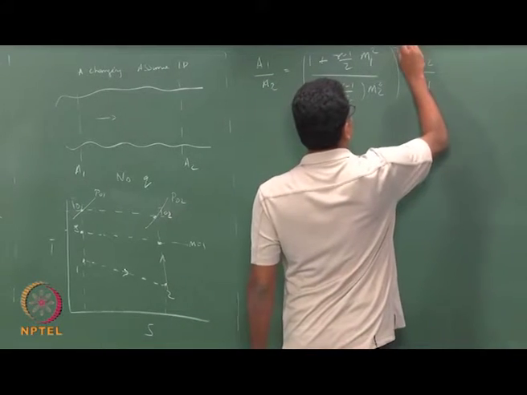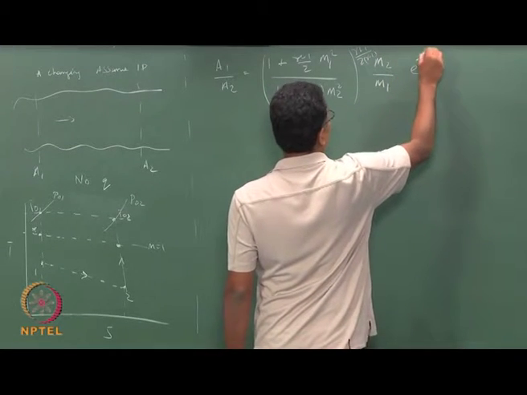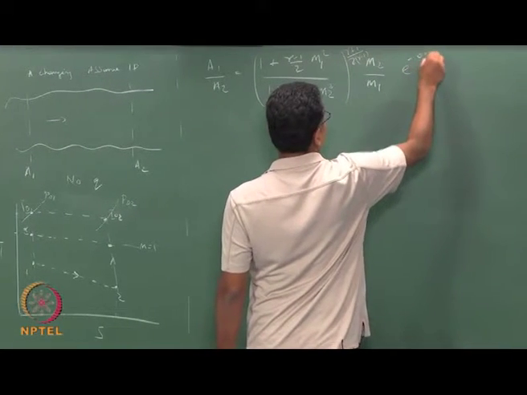So, this would be gamma plus 1 by 2 gamma minus 1 into e power minus delta s by R.